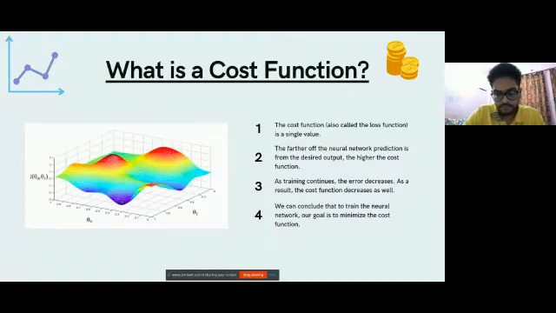It looks like a hilly landscape. The hilltops denote high cost, and the valleys denote low cost. So we would want to travel from the hilltops to the lowest valley possible. How we do that is something we will cover after the mathematical part of the cost functions.